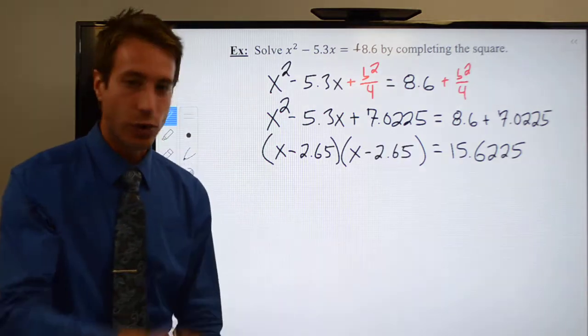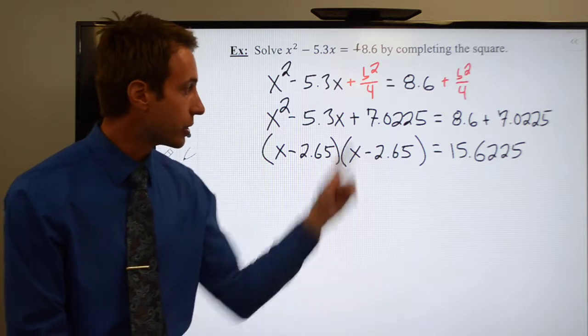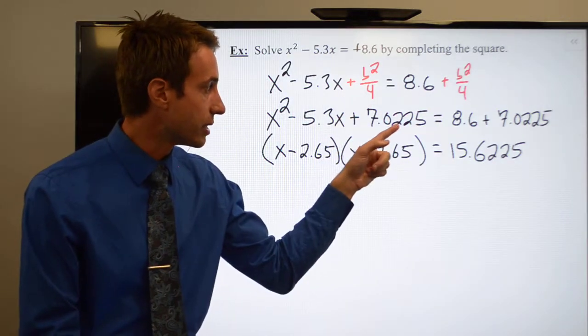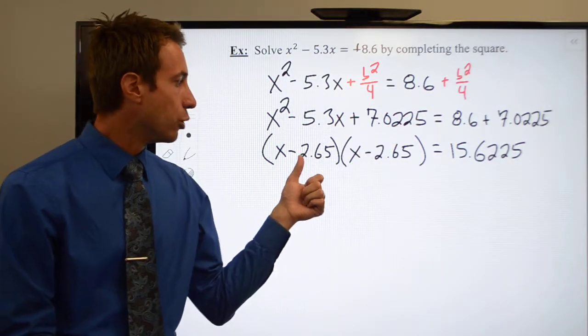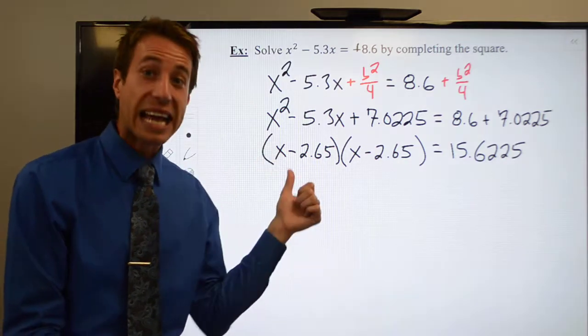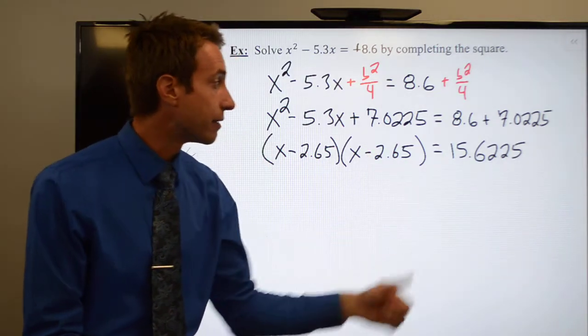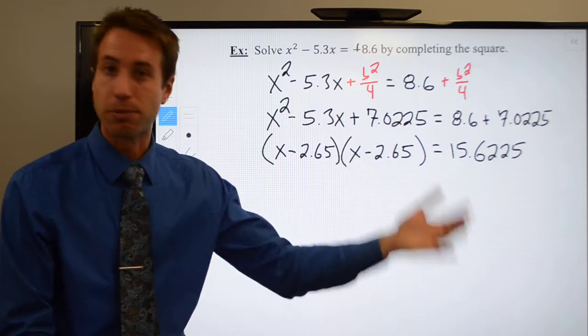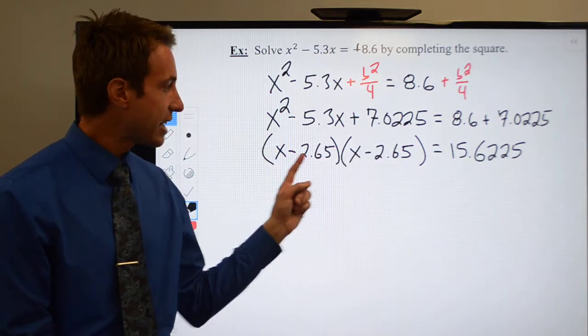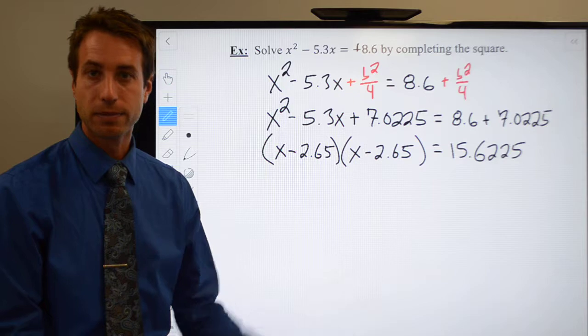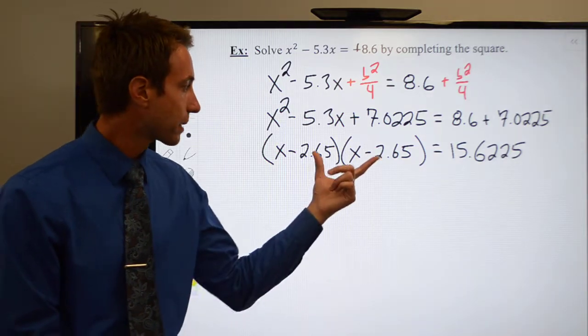I'm not really showing you how to do this because you just use your calculator. Take the square root of 7.0225, 2.65. Well, sorry, a negative 2.65 times a negative 2.65 is 7.0225, and you add those together and you get negative 5.3. So anyway, there they are.